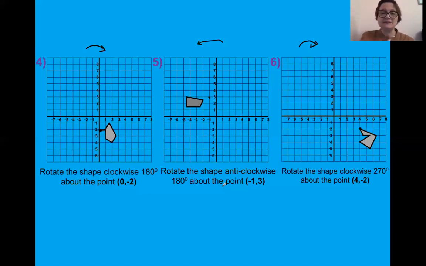And the same here. So this one we said is the center of rotation, join the closest point with the center of rotation with a straight line, and trace the shape and this line here, and then turn it anti-clockwise 180 degrees. The same here, it's already one of the vertices of the shape.